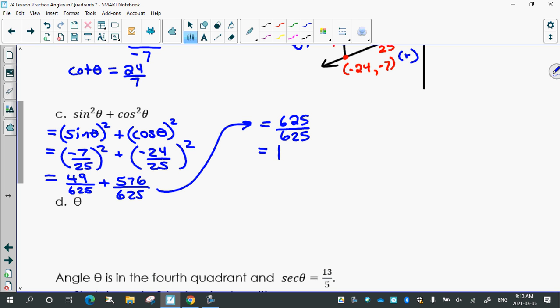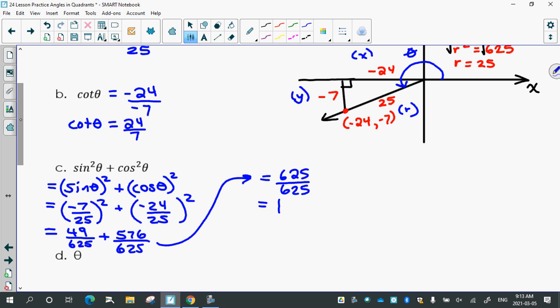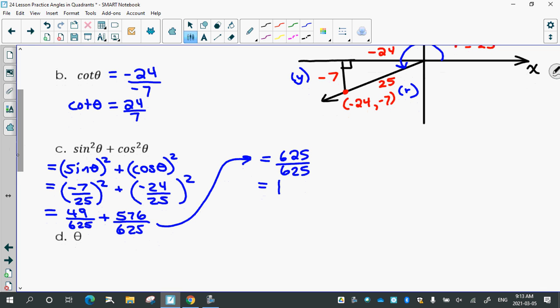And then they want angle theta. So look at this triangle here. I'm going to draw it down here. Now alpha fits right in here.